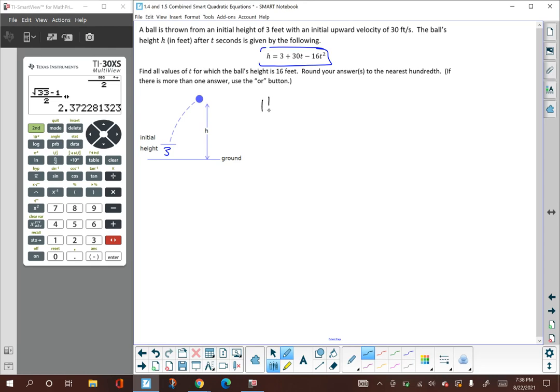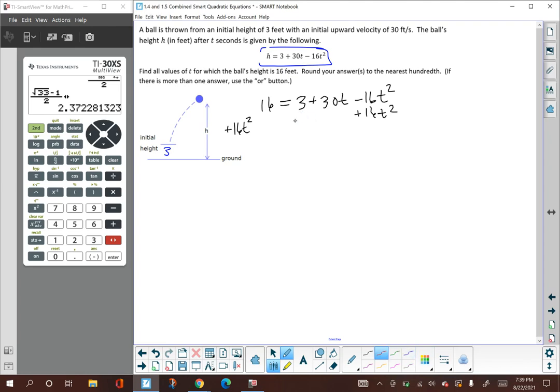So 16 is equal to 3 plus 30t minus 16t squared. So we could subtract the 16 here if we want, but noticing that my equation is not in standard form, I think I'm actually just going to move these terms over to this left side.